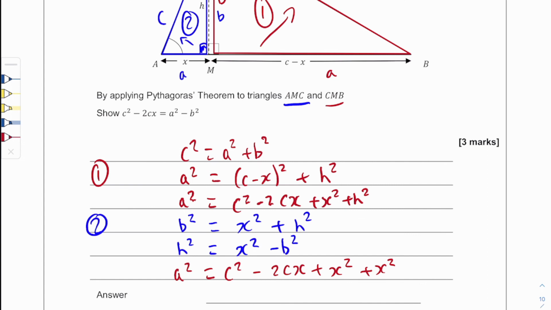Okay, so we can see that there's no X squared in this expression here, so I know that I've gone wrong somewhere. I'm just checking back over the working. Let's remove that. If we look at this line that I've done here, we can see that I've made a mistake. So H squared is actually equal to B squared minus X squared. Okay, so let's rewrite that. So we've got B squared minus X squared. Okay. Easy mistake to make, but it's a good thing that we spotted it.